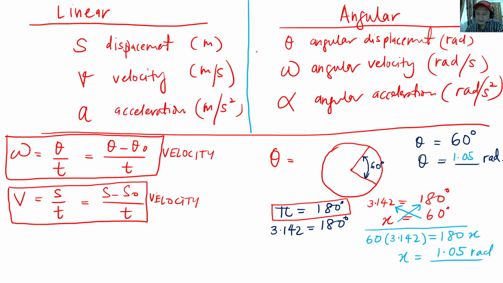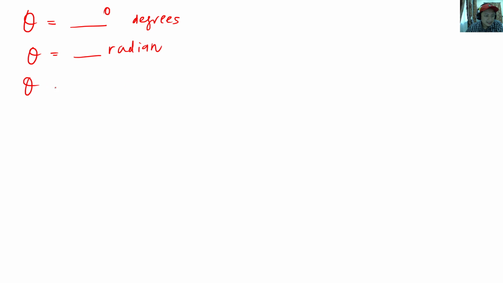Plenty lah. We have learned about radian. We have not yet learned something else. Sometimes theta, you can represent them in degrees. Sometimes theta, you can represent them in radian. I think pretty much that's it, degrees or radian. Cycles also can.